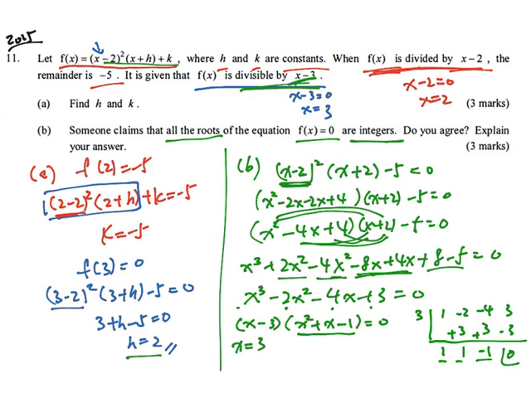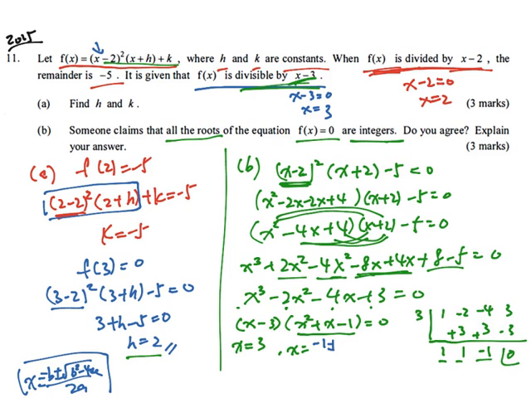And also you can use the quadratic formula, that means the quadratic equation: x equals -b plus or minus the root of b squared minus 4ac, over 2a. Use this to make sure.